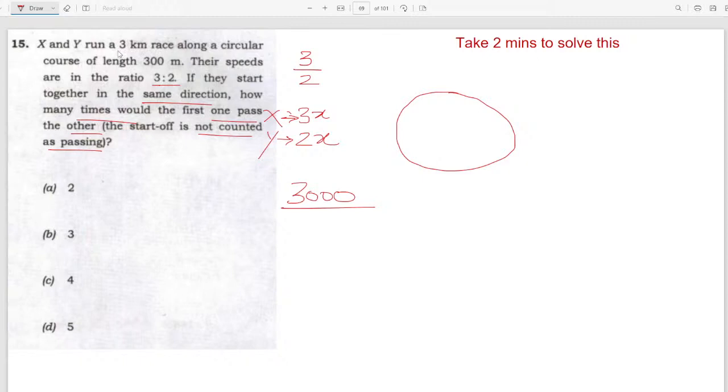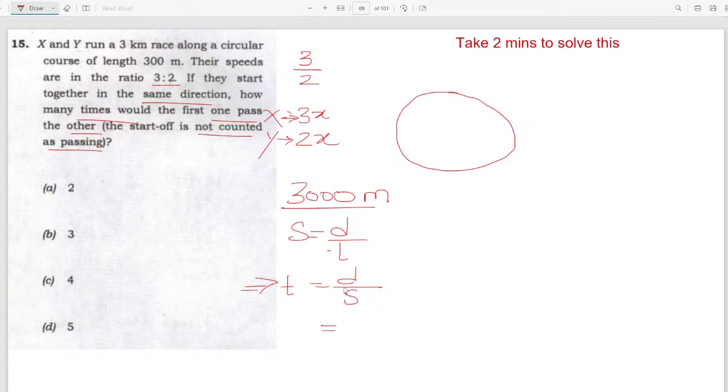Now the total length, the race that they have to run, is 3 kilometers, that is 3000 meters. And we know that speed is equal to distance upon time, and this implies that time is equal to distance by speed. So for X, I'll calculate the time taken for him to complete the race.